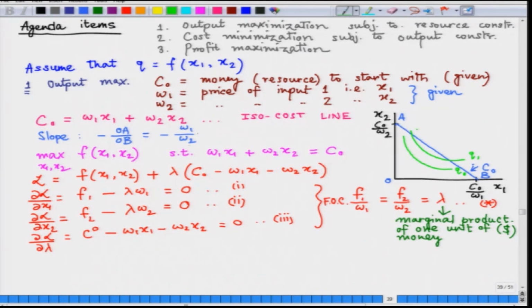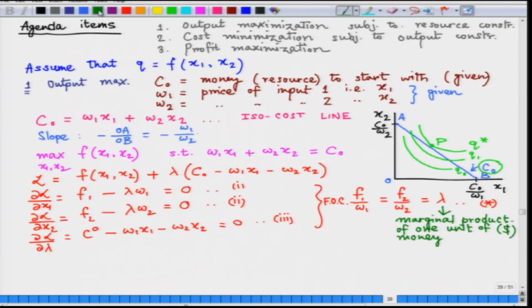So, that will happen if the firm finds a point like this represented by say point P, where the iso quant represented by Q star level of output is tangent to the iso cost line, which is represented by C naught.